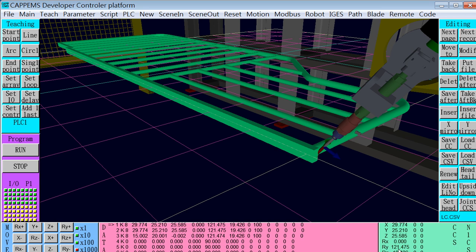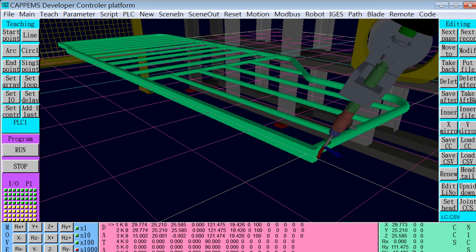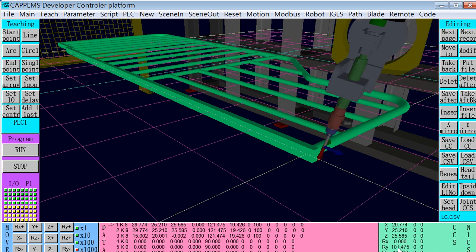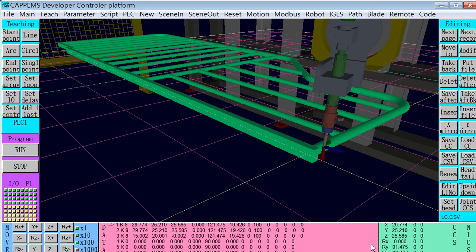RY back to 90. RY 1 to 1. RY minus once 111. Twice 100, 101. RY minus again 91. We have to adjust to 90.0 something.